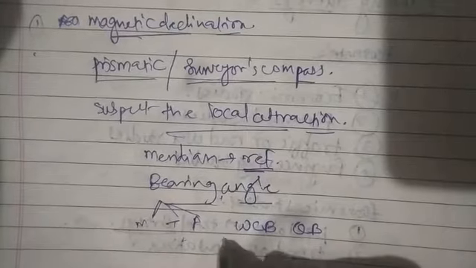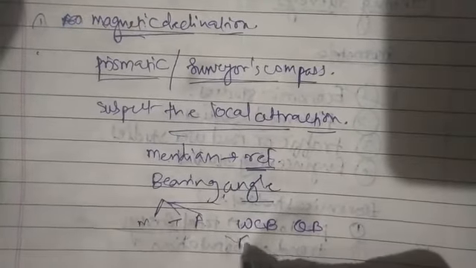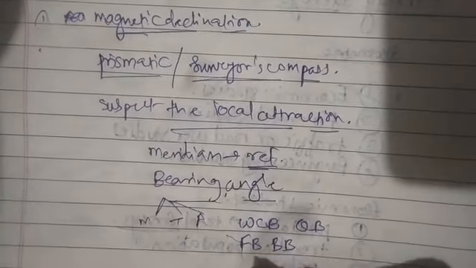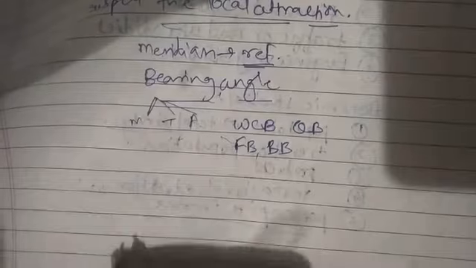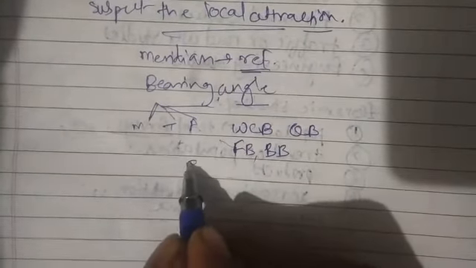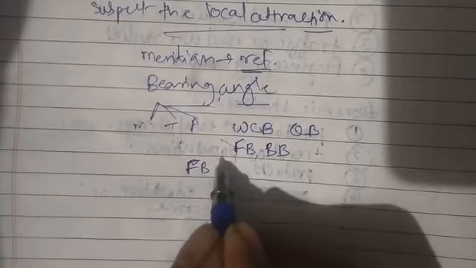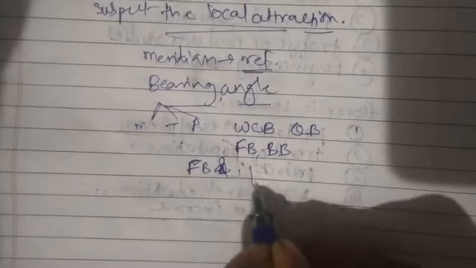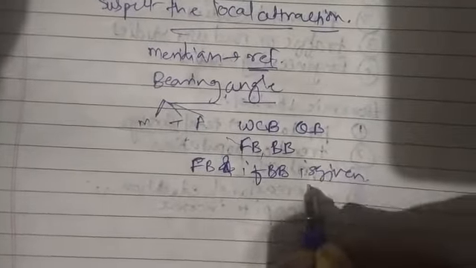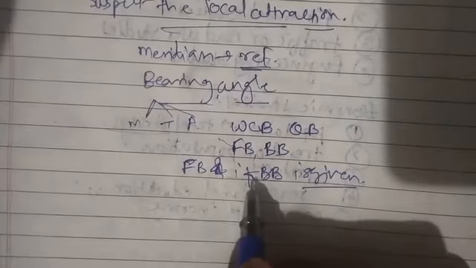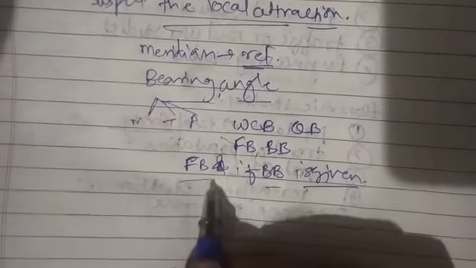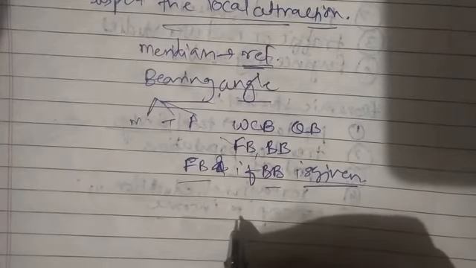After this we have discussed regarding the measurement of fore bearing of line and back bearing of line. Then we have discussed how to calculate fore bearing if back bearing of line is given, or the vice versa case, in which back bearing will be given and we have to find out fore bearing.